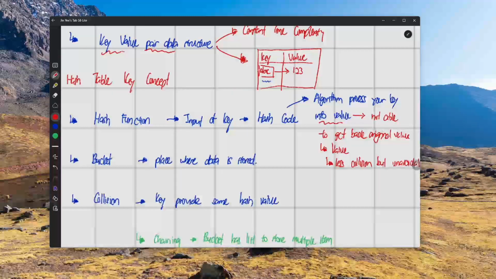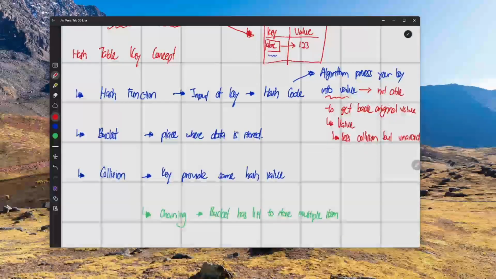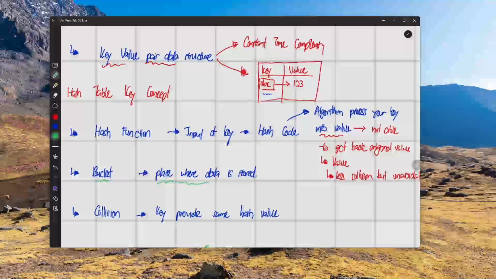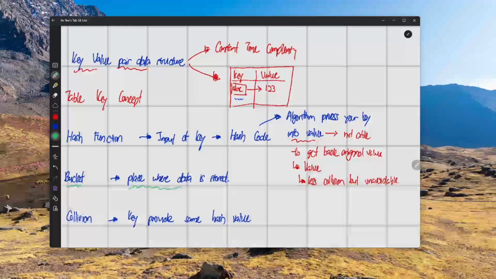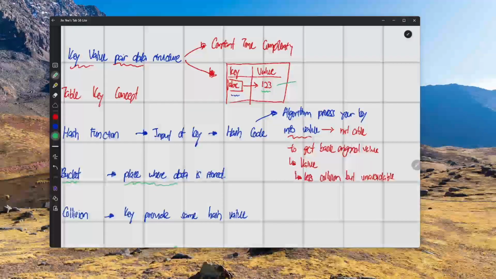The other thing is the bucket. So what is the bucket? The bucket is just a place to store your data. In this case you have the one, two, three, so this is considered your bucket.